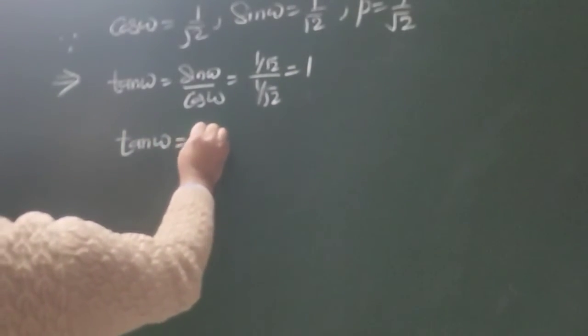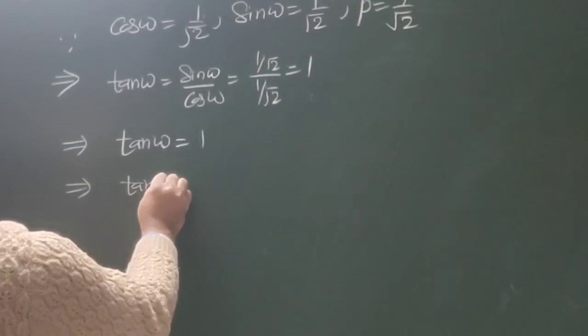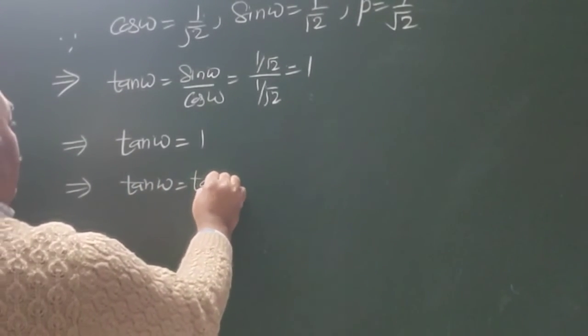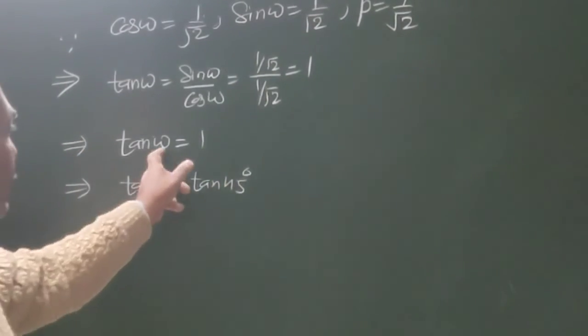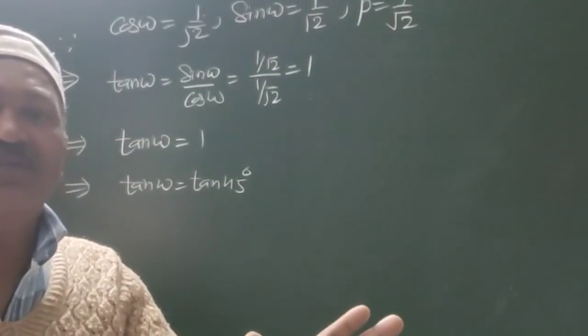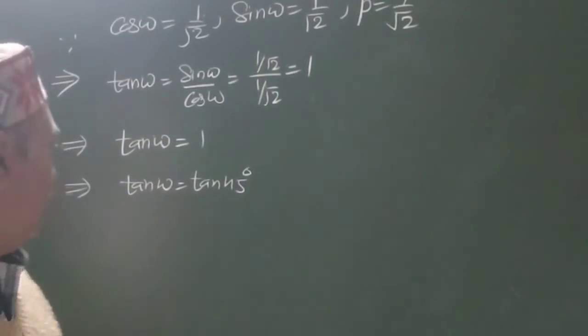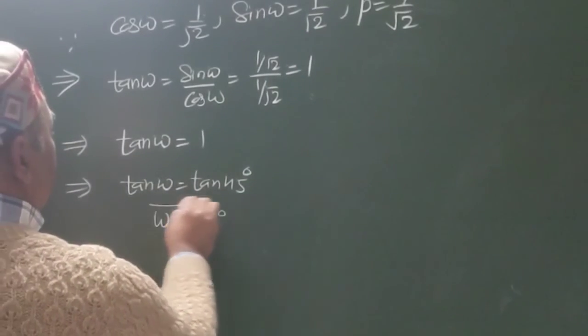Tan omega is equal to 1, tan omega is equal to tan 45 degrees. Because tan is positive, cos is positive, sin is positive, the angle must be in the first quadrant. Therefore, omega is equal to 45 degrees.